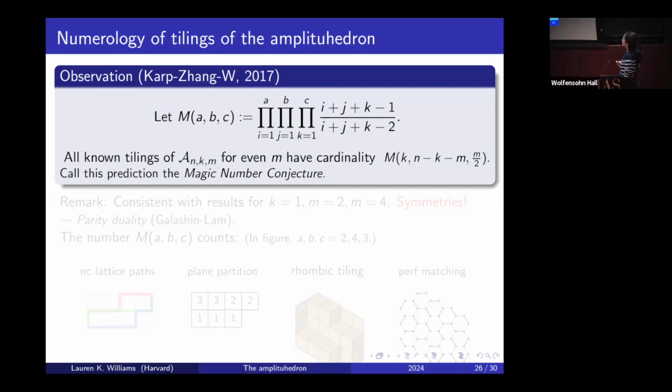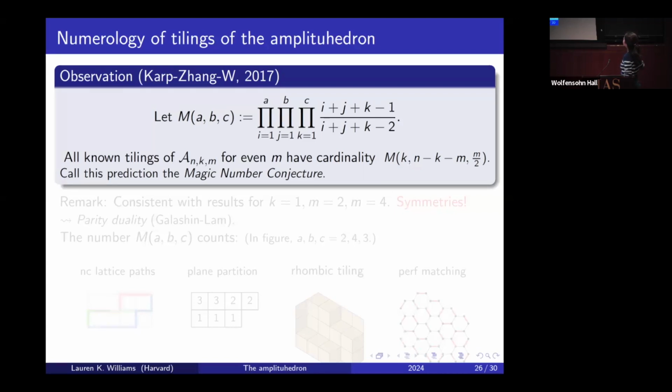This number, by the way, is a very old famous number, originally studied by Major Percy MacMahon, maybe in the late 1800s. Something very interesting about this conjecture is that there's a symmetry in a, b, and c here.